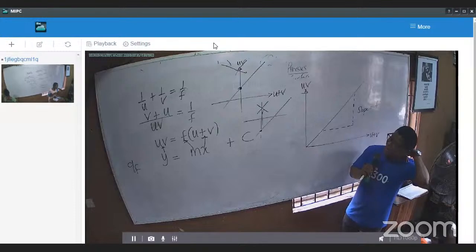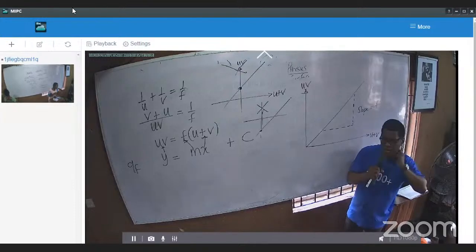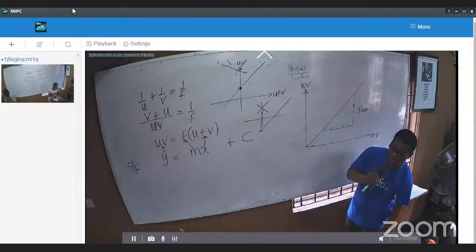Now, if you plot another graph, 1 over u against 1 over v, have you seen that graph before? How does it look?